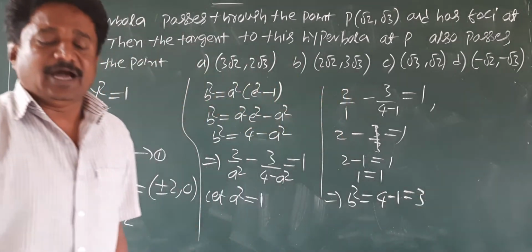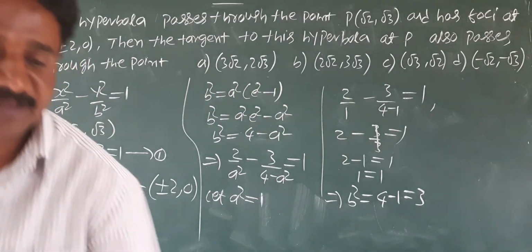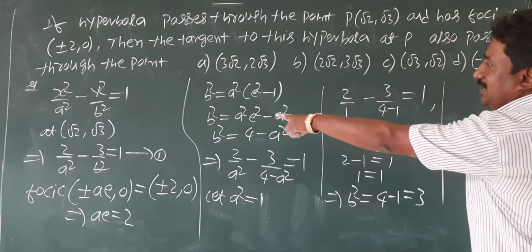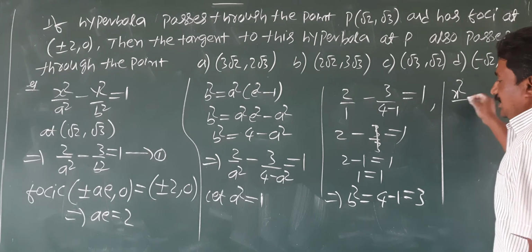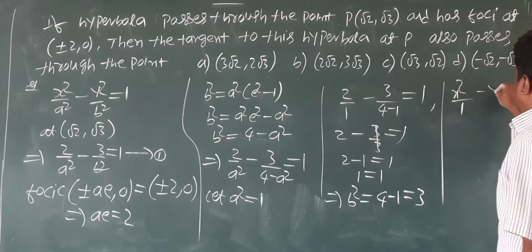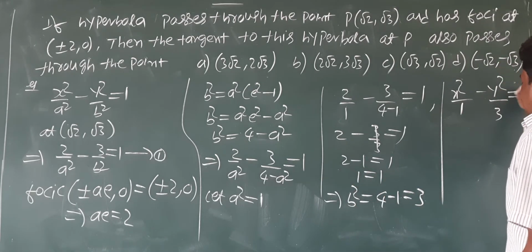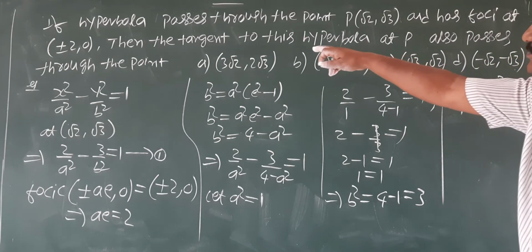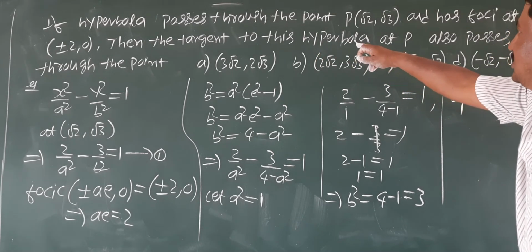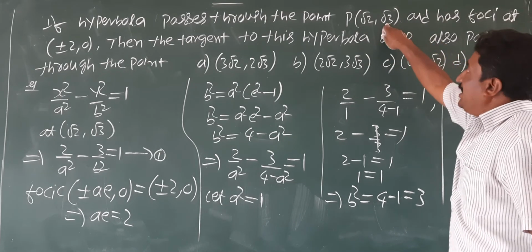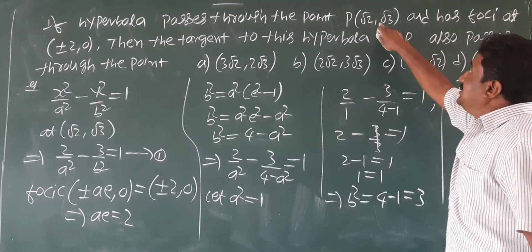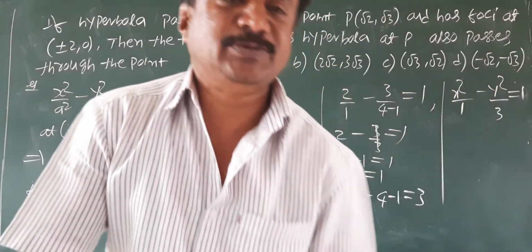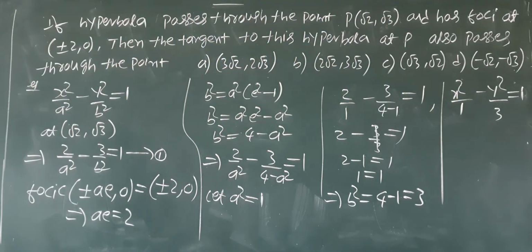Now write the hyperbola's equation. So the equation of the hyperbola is x square by 1 minus y square by 3 is equal to 1. Then the tangent to this hyperbola at P. Let us find the tangent equation at P. Just before, I explained how to find the tangent equation.